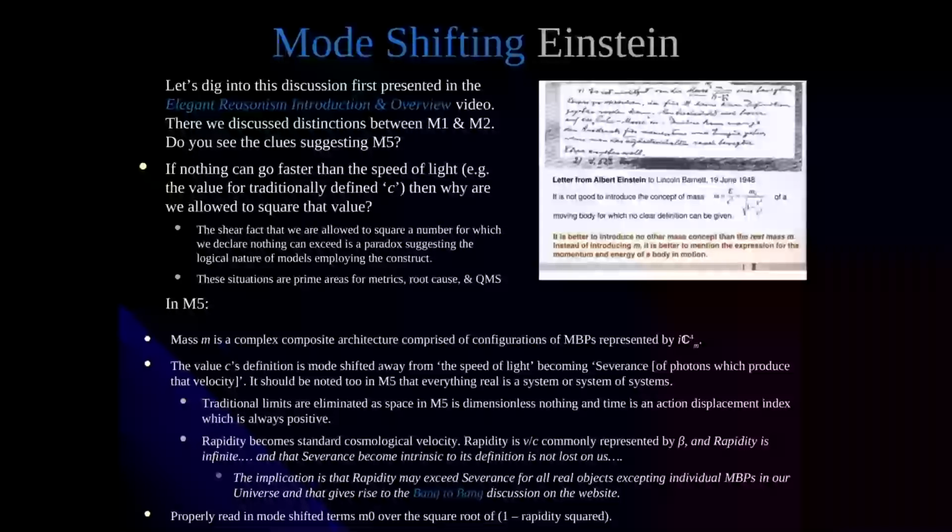And so when we realize that photons are going the speed they are because of the system that produced them rather than a dimensional imposition, we go back and say, well, is that really the ultimate speed?